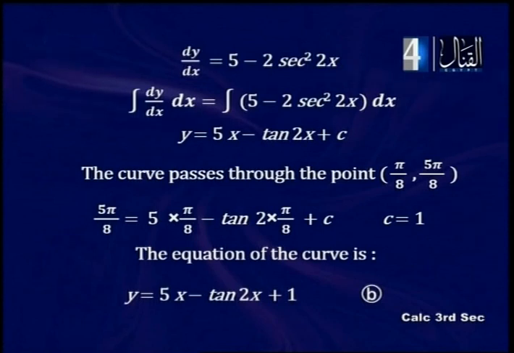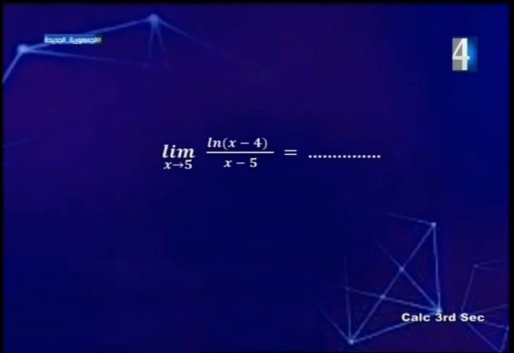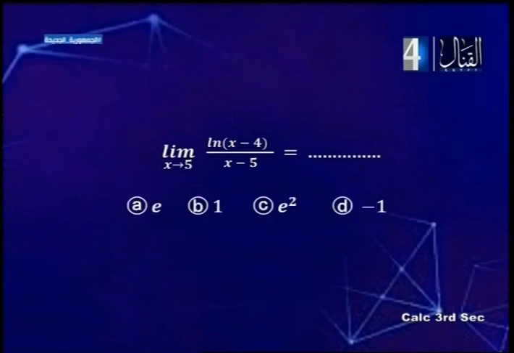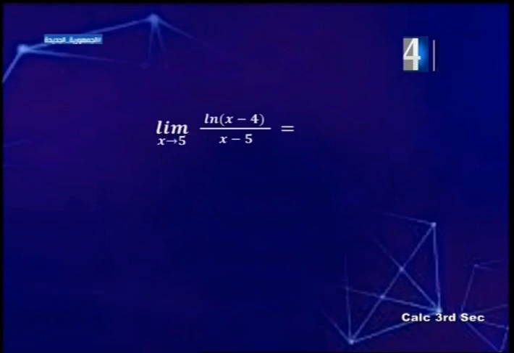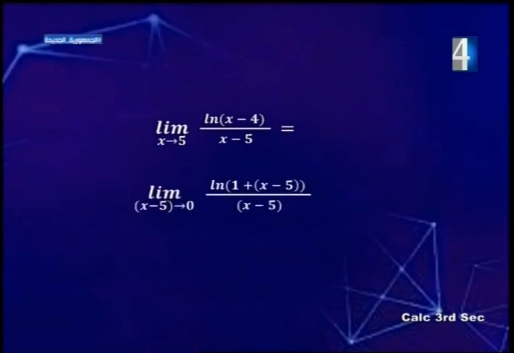Another example: limit of ln(x minus 4) over (x minus 5) when x tends to 5 equals: e, 1, e to the power 2, or negative 1. Now, for the limit when x tends to 5, we can write this function as the limit of ln(1 plus (x minus 5)) over (x minus 5) when x minus 5 tends to 0.